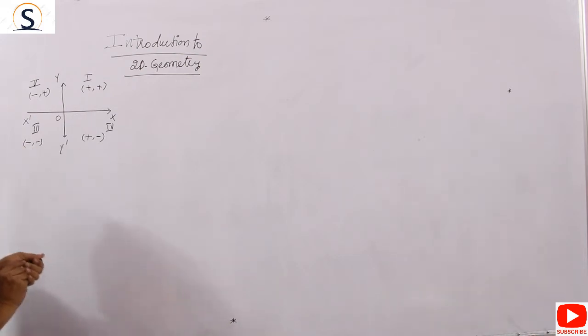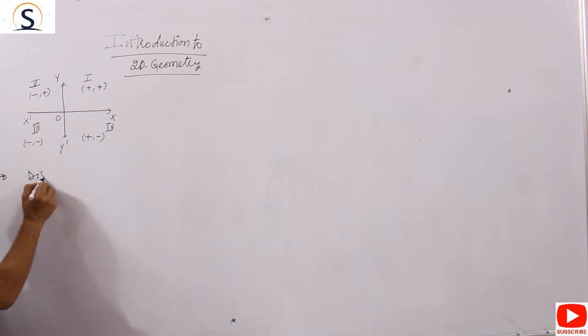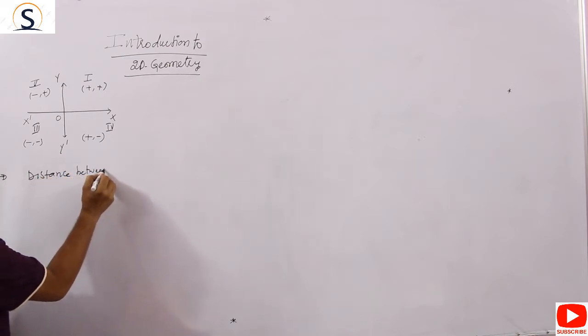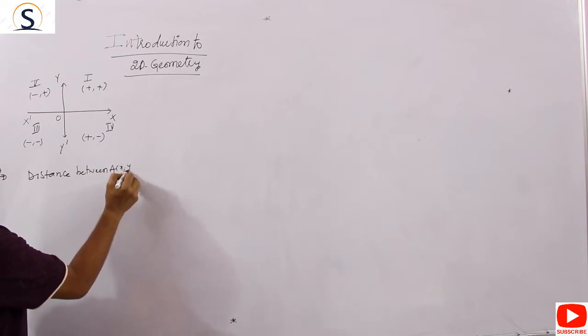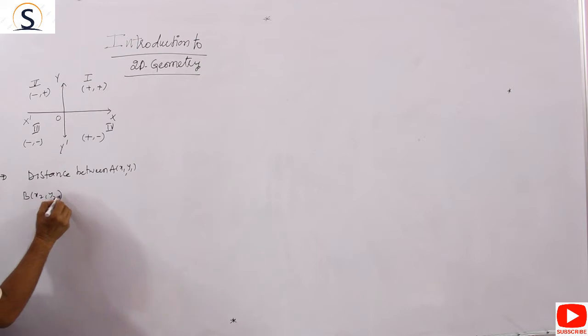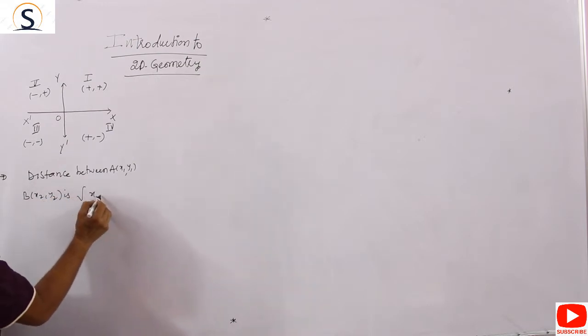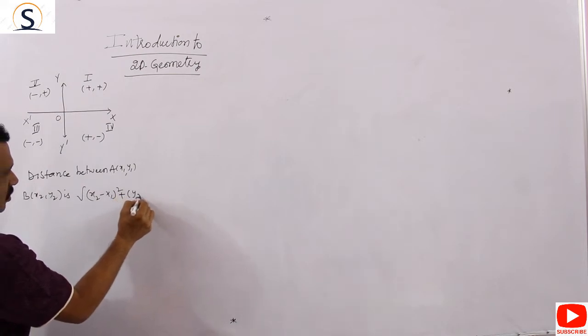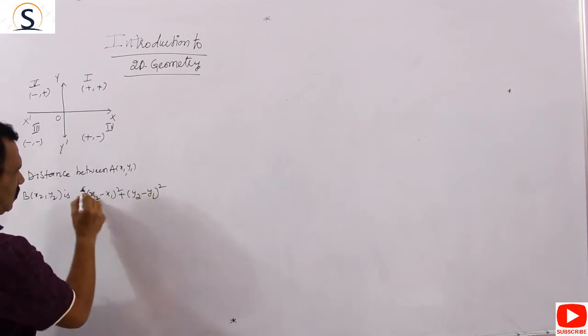Next, you have also studied the distance between 2 points. The distance between A(x1, y1) and B(x2, y2) is the square root of (x2 minus x1) whole square plus (y2 minus y1) whole square.